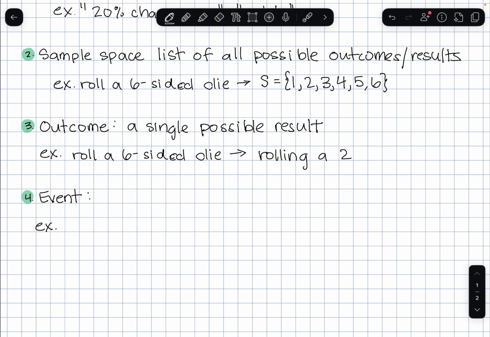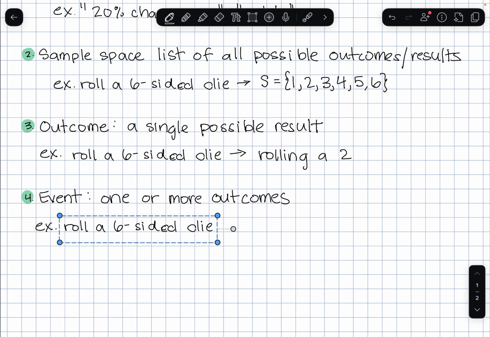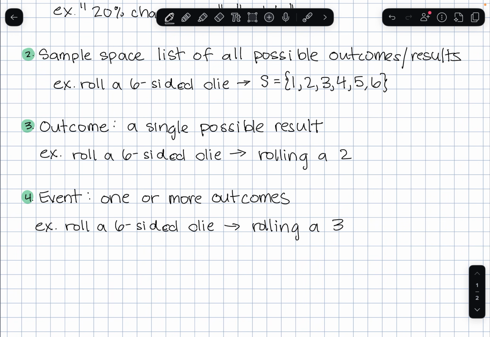An event is one or more outcomes. So in our example, we're rolling a 6-sided die. We could have rolling a 3.